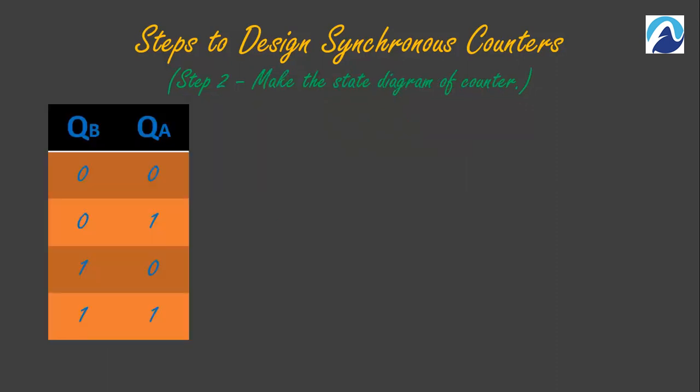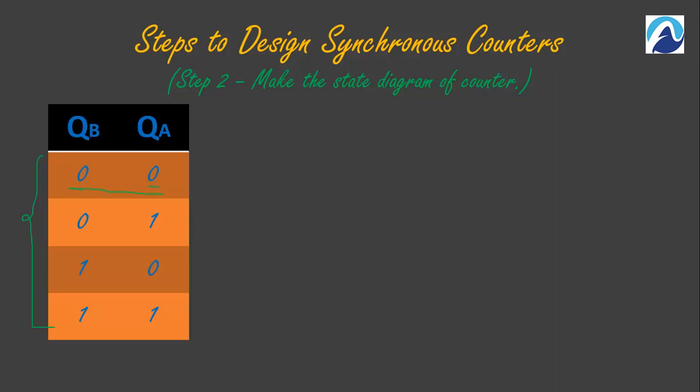In the second step, we need to make the state diagram of the counter. I know my counter is a 2-bit up counter. For 2 bits, what are the possible states we have? One is flip-flop B at 0, A at 0. Or I can say my counter is at the state 0, 0, which is equivalent to 0.